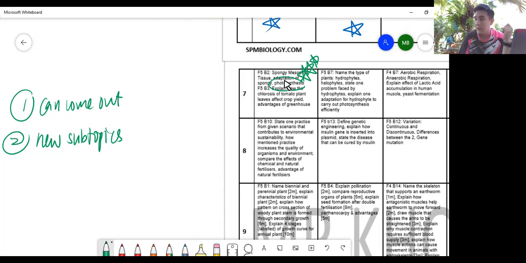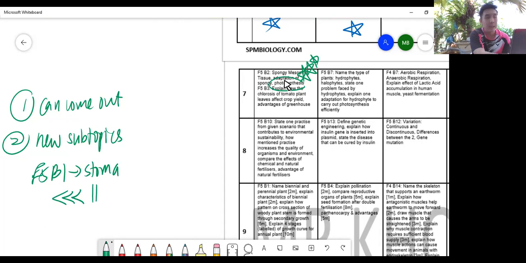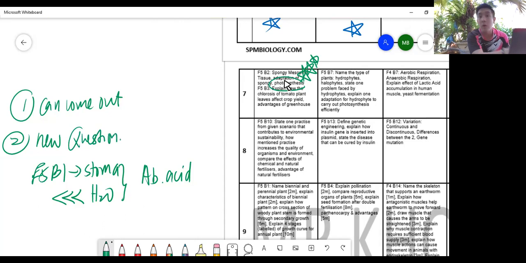Let's say, what happens to stoma in Form 5 Bab 1 when there is inadequate water? Guys, based on your syllabus, you have to bring in abscisic acid. In that class, I'll tell you, please take note, Form 5 Bab 1, they can ask you this as a new subtopic. Means new question, never seen before in SPM. Or Form 5 Bab 2, every topic has a bit.